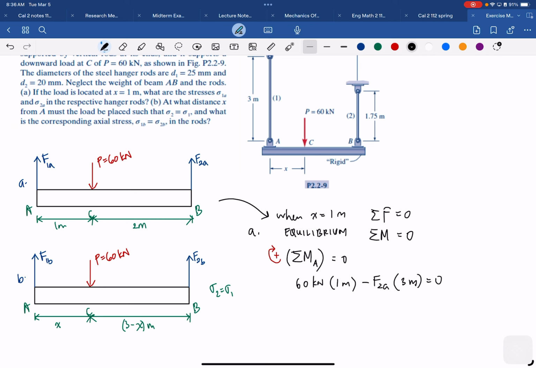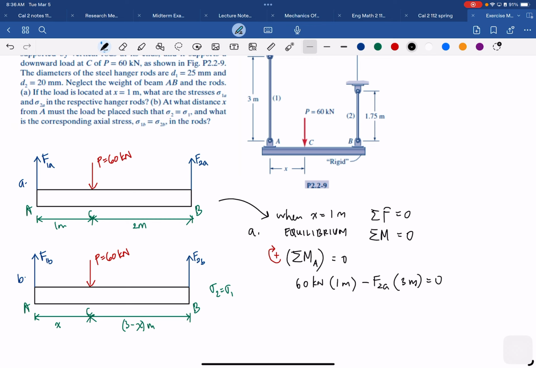So sigma 1A is F1A divided by A1. The diameter 1 is 25 millimeter. So I will write F is 40 kilonewton, and this will be pi times 25 millimeters squared divided by 4, but I will write the 4 here. Okay, the same, right? In mathematics, we can do that.